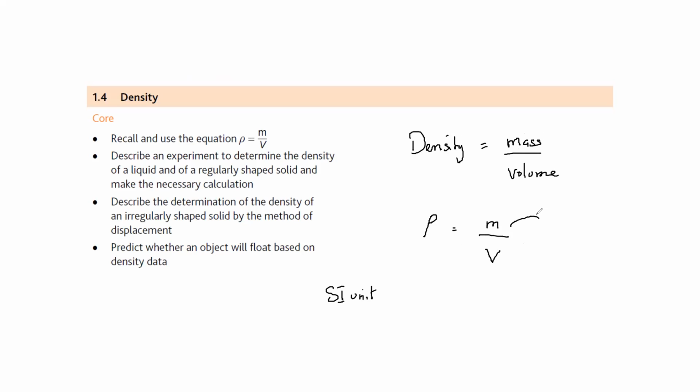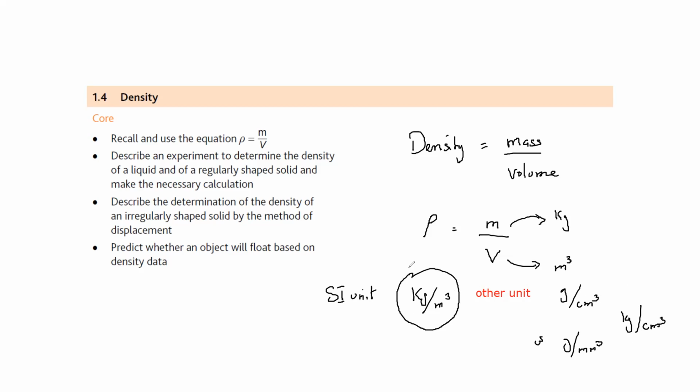The SI unit of mass is kilogram, kg, and the SI unit of volume is meter cube. So the SI unit of density is kilogram per meter cube. Because mass can be in gram and volume in centimeter cube, other units can be gram per centimeter cube, gram per millimeter cube, or kilogram per centimeter cube. These units can be used, but the standard SI unit is kilogram per meter cube.